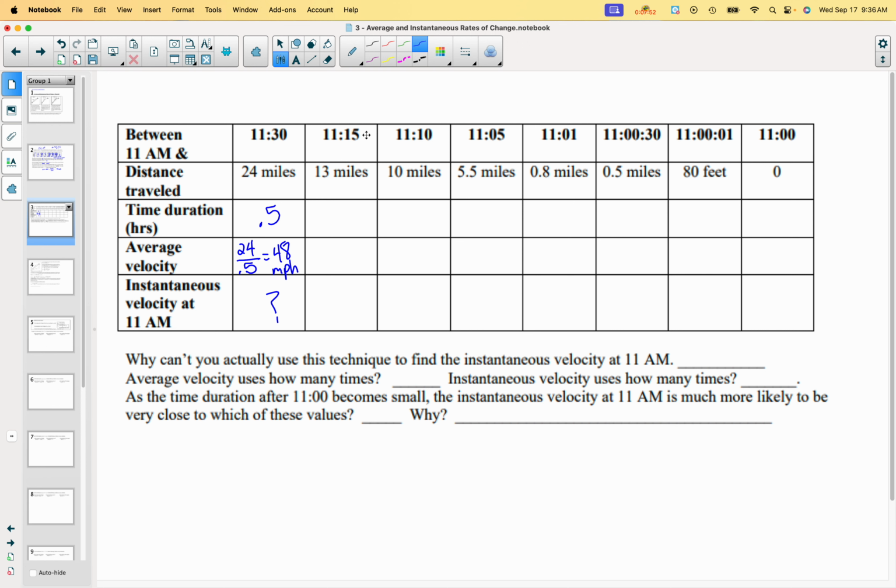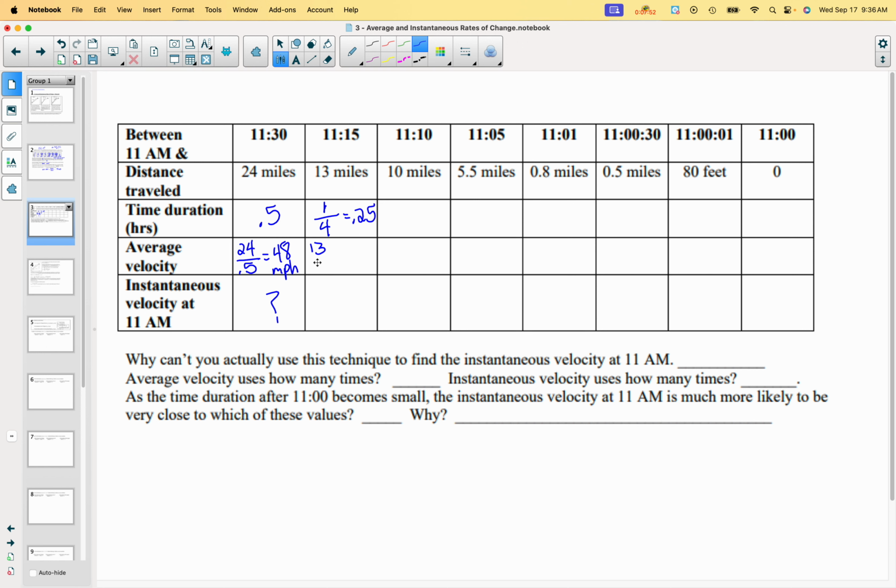So now let's talk about 11:15, let's suppose that we had traveled 13 miles. So our time duration from 11 to 11:15 is a quarter of an hour. You can put a quarter or 0.25, either one. So I'm going to take my 13 miles and divide by a fourth.